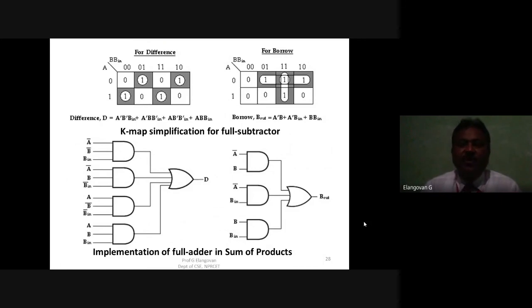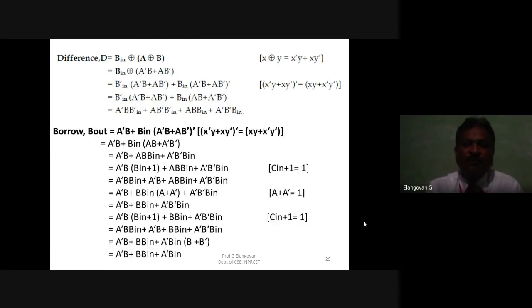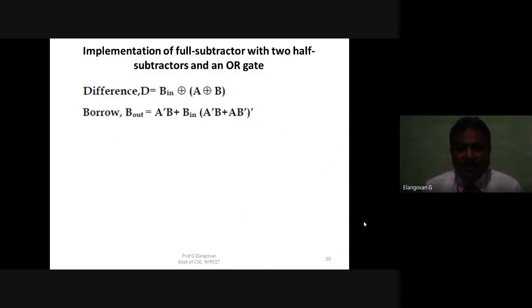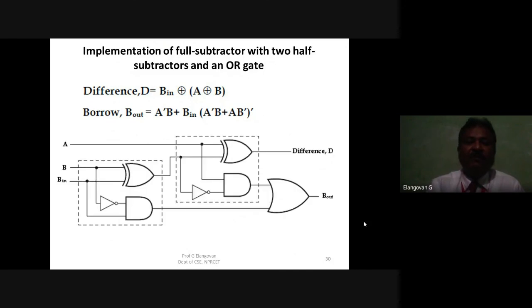Now we want to implement the full subtractor by using two half subtractors. For that we will be applying the same adoption rules. So we'll get the difference by combining all the things, so you'll get the difference like this and borrow like this. Now with the help of two half subtractors, we can implement a full subtractor.